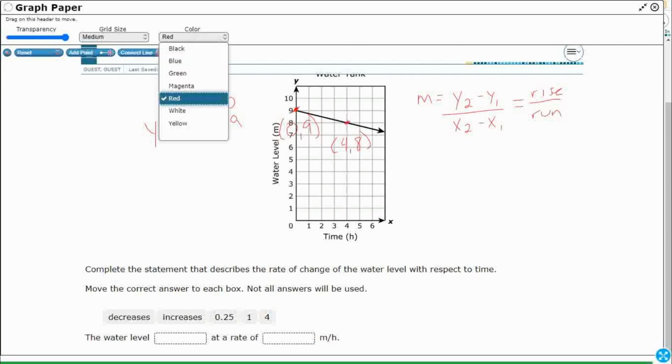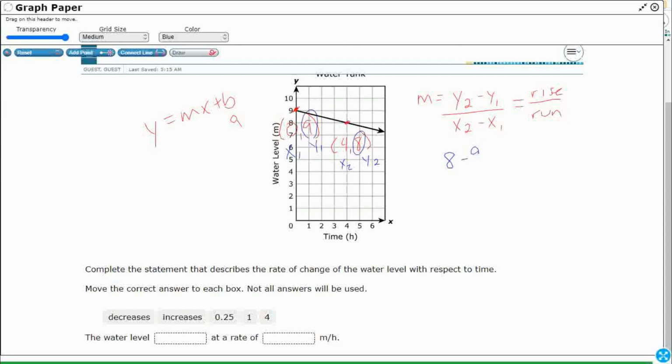So let's label one pair x1 and y1, and let's label another pair x2 and y2. Doesn't really matter which way. If I label the other pair x1 and y1, you'd get the same answer. So let's see, my y2 is going to be 8, my y1 is 9, my x2 is going to be 4, and then x1 is 0.